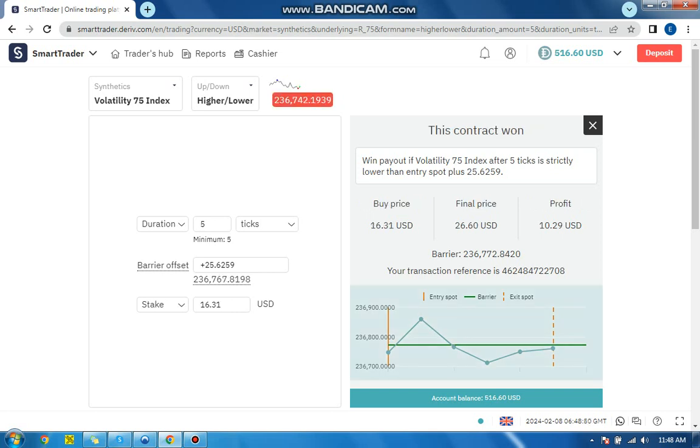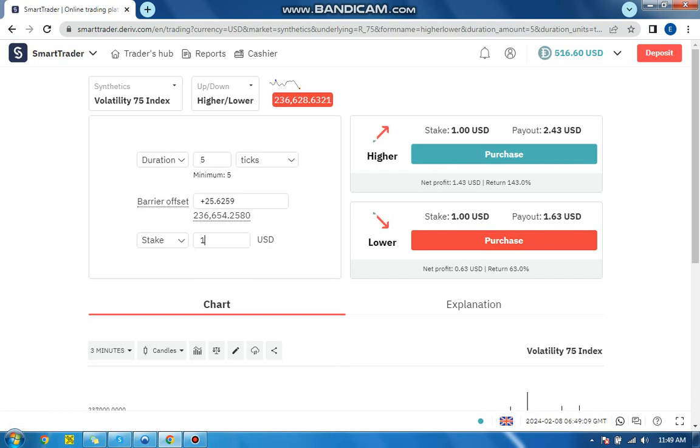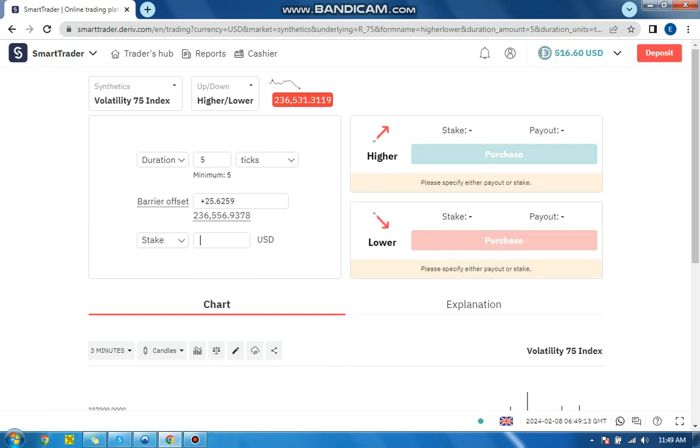Now till now we have won $16.60, but we started the trade with 10 bucks. So what we're gonna do now, $16.60 is our profit, right? So by using that profit of $16.60, we're gonna add $20 from our own pocket.